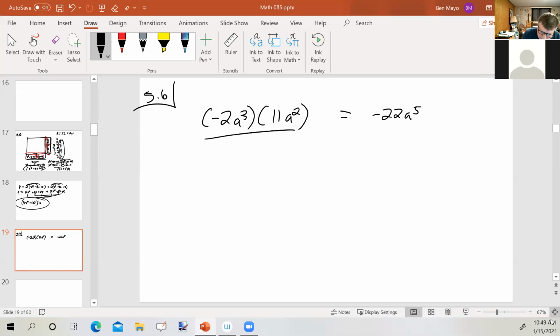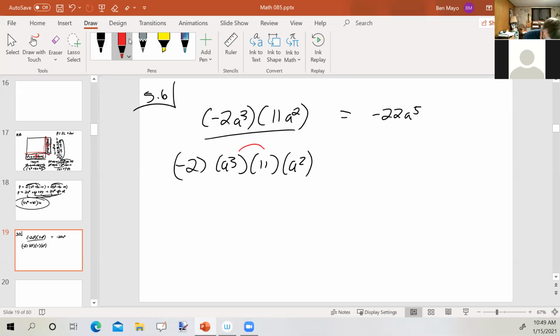First of all, this is like having negative 2 times a cubed times 11 times a squared. Multiplication is commutative. We can switch the order in which we multiply factors, so I could switch them around and then I'd have that.